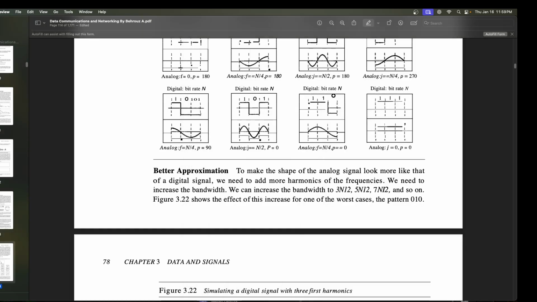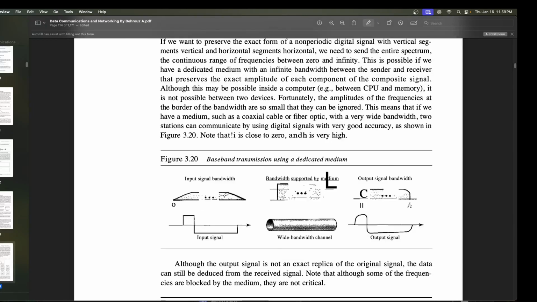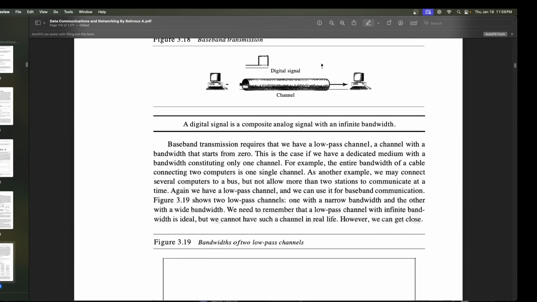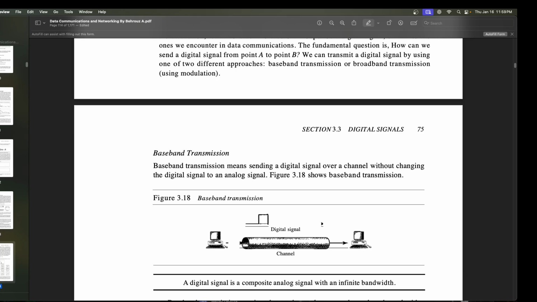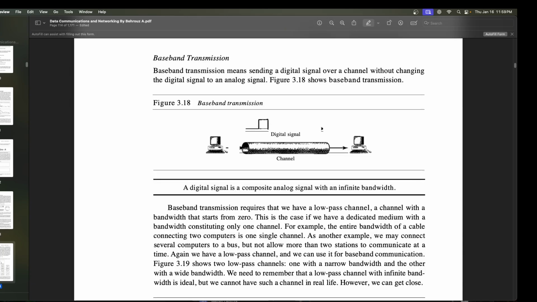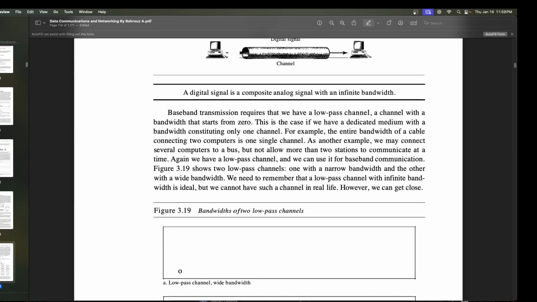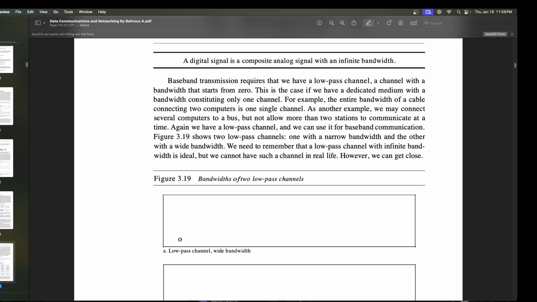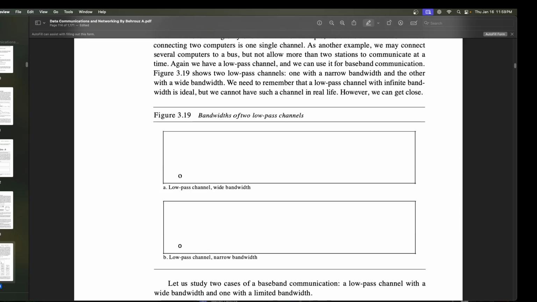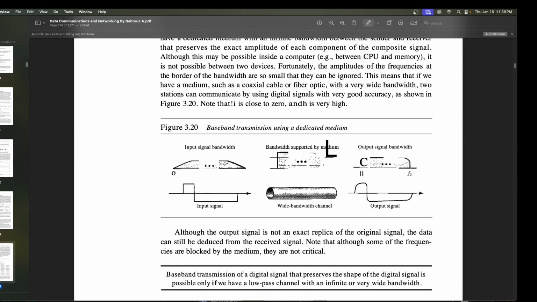Okay, so I interpreted it wrong. Baseband is not converting the digital signal to analog. Ethernet to Ethernet, you directly go. Also, the bandwidth of this channel is 0. Low pass and high pass.